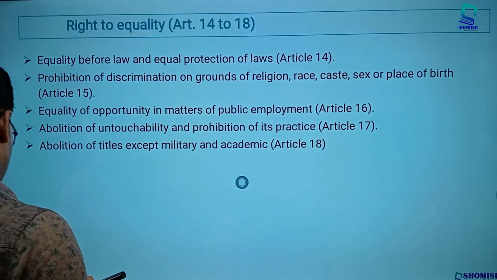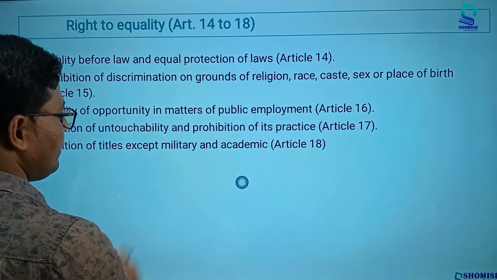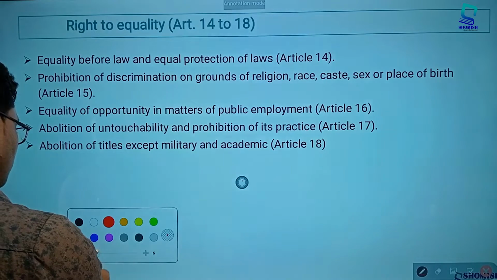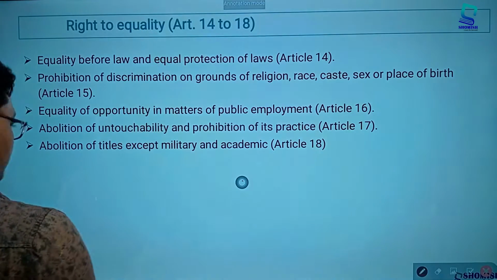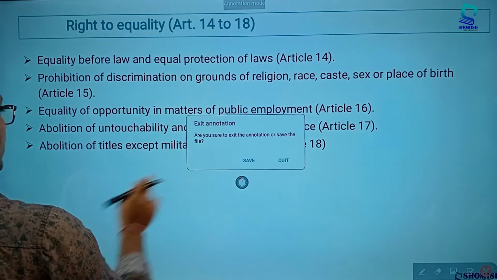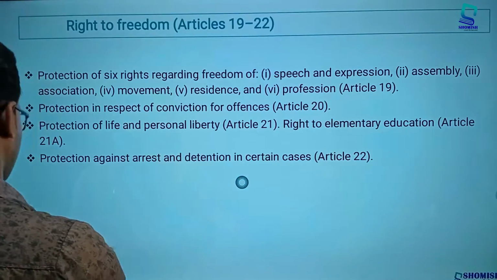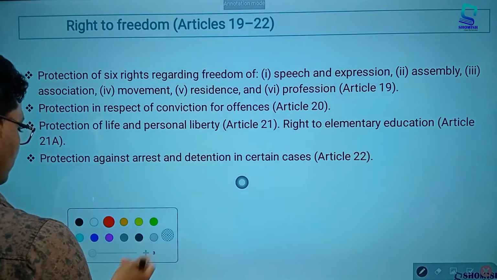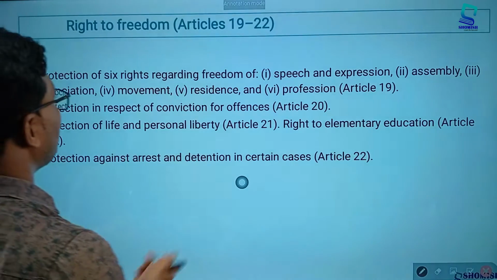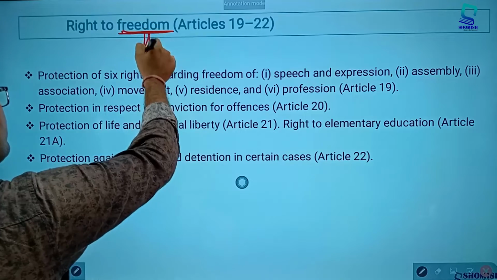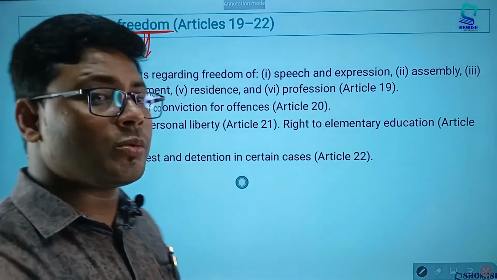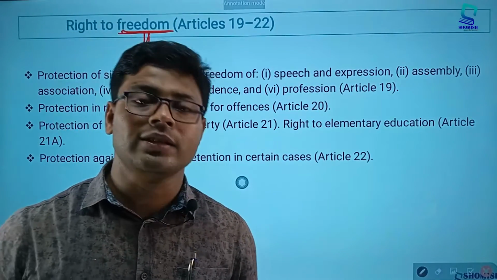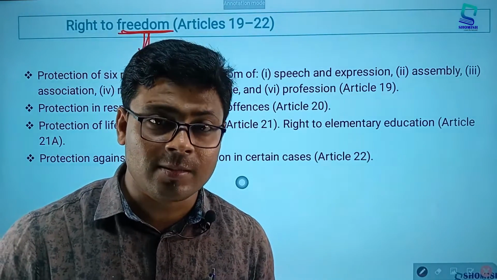Freedom. The word freedom was greatly inspired by another political scientist, Immanuel Kant.